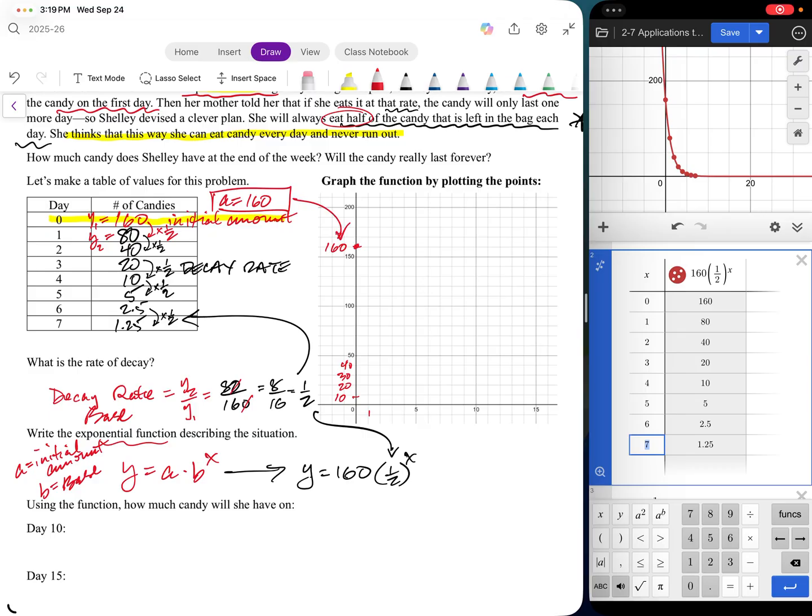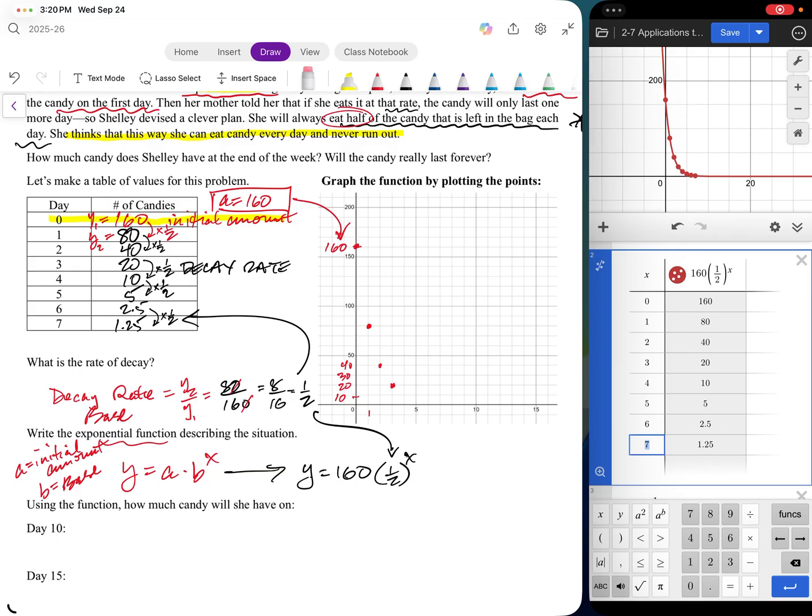And then after 1 day, you have 80. So that's about here. After 2 days, you have 40, half as much. After 3 days, you have half of that, which is 20. After 4 days, you have half of that, which is 10. Excuse me, I got to replot that.